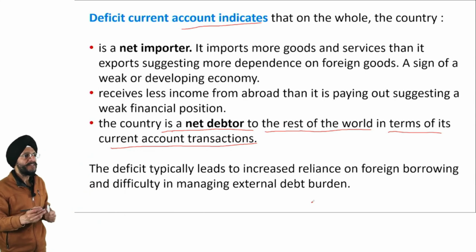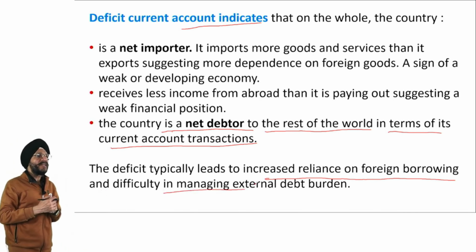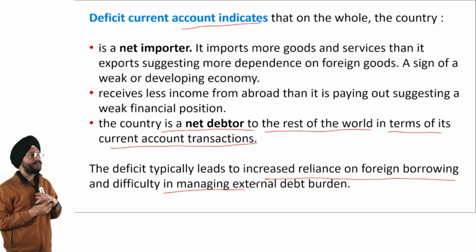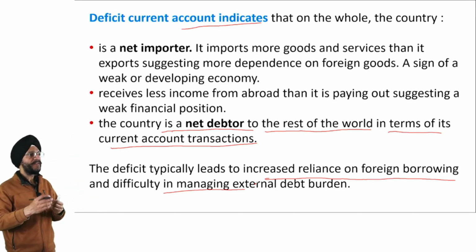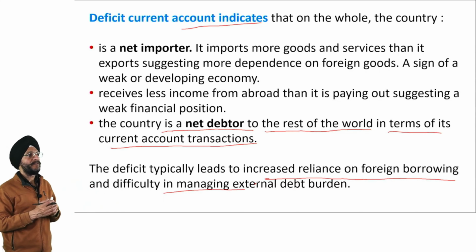That deficit generally leads to increased reliance on foreign borrowing. So more loans have to be taken from foreigners, and there is difficulty in managing the external debt burden.